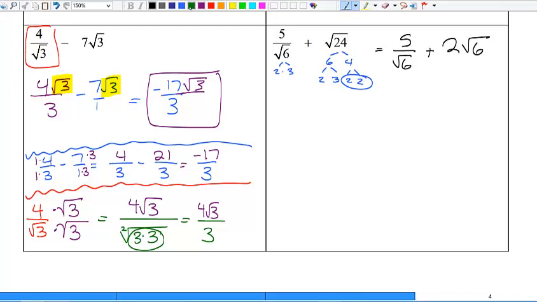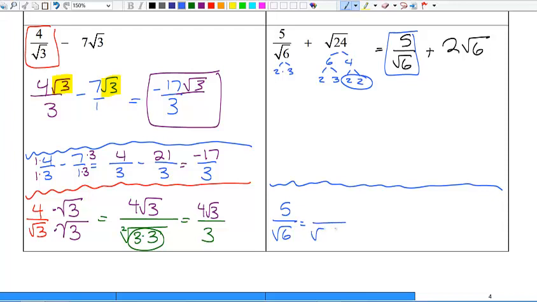Step 2 says to rationalize any denominators. Oh dear, I've got a root 6 in the denominator, which means I need to rationalize that denominator. So I'm going to just bring this problem down here, see if I can rationalize this first, and then proceed with the problem. When I rationalize the denominator, I can't reduce anything. 6 can be broken up into 2 times 3.